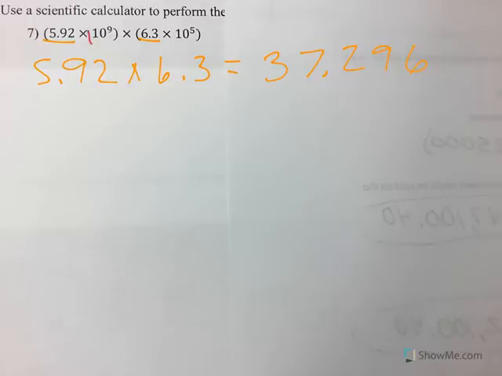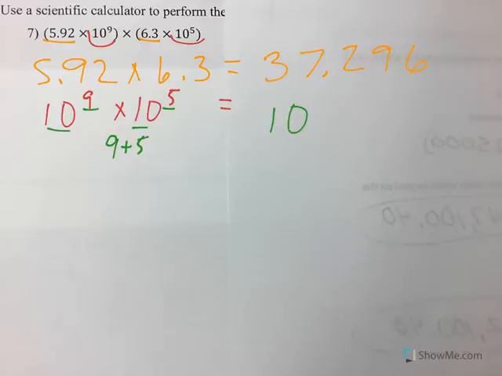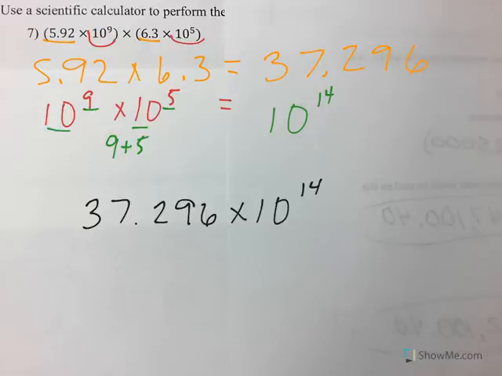Then I take my powers of 10, 10 to the 9th times 10 to the 5th. You may or may not recall your exponent rules from high school, but when you multiply with the same base of 10, you add your exponents. So 9 plus 5 gives me 14. So this answer is roughly 37.296 times 10 to the 14th power.